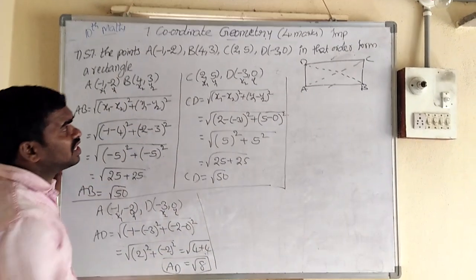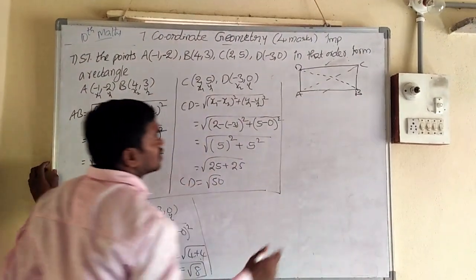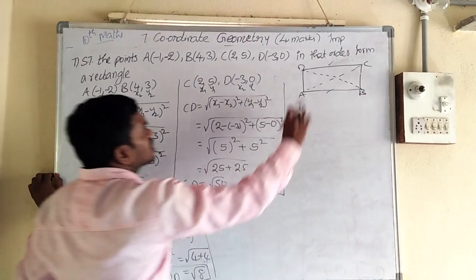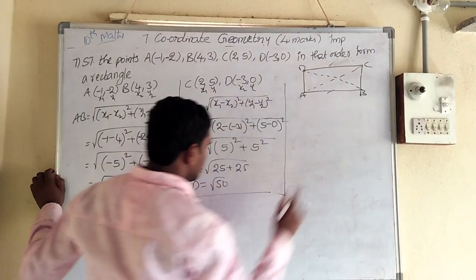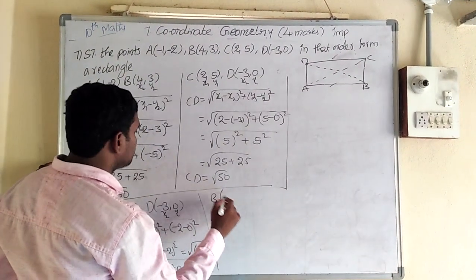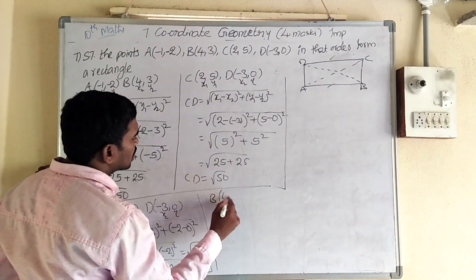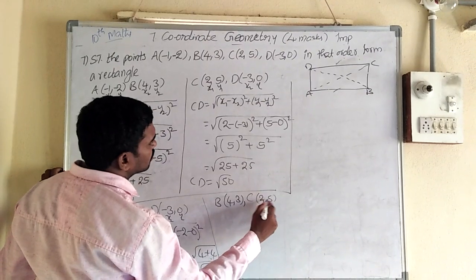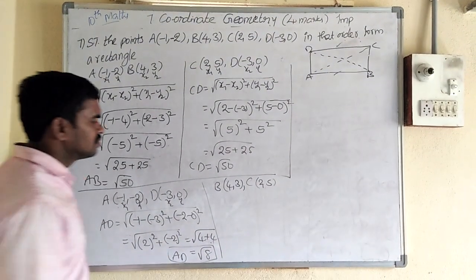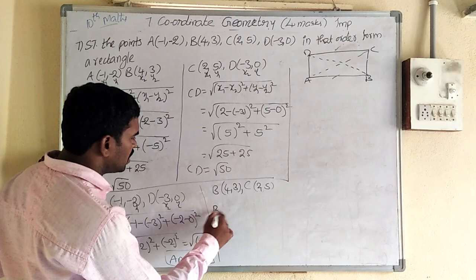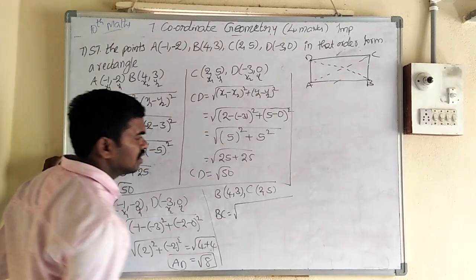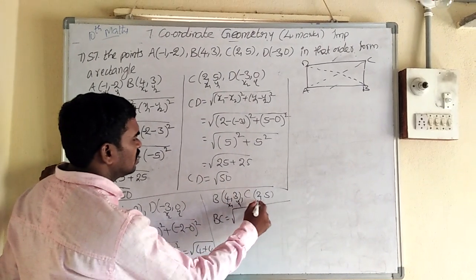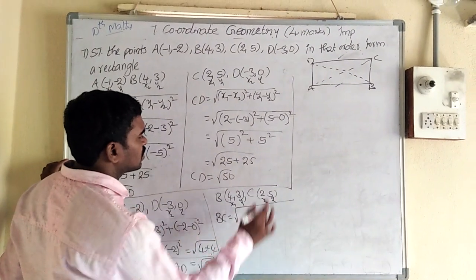Similarly, what is that? BC. So now first AB and CD both are equal, no problem. Next you are finding AD and BC. BC. What is B? 4, 3. C is 2, 5. Okay? I'm going to find BC distance. Not writing the formula. BC means, this is x1 y1, this is x2 y2.